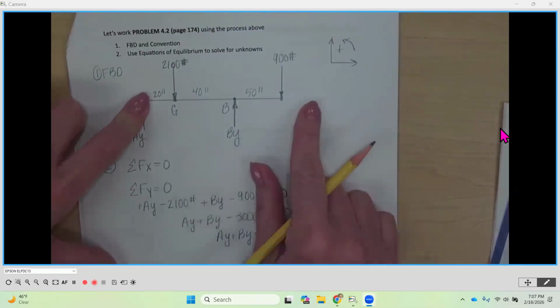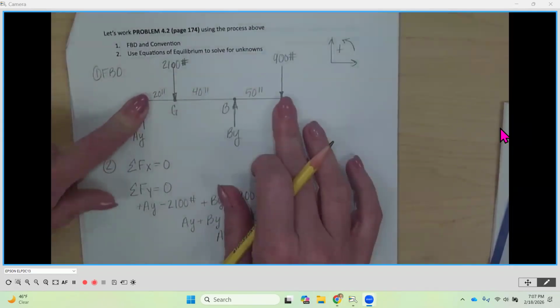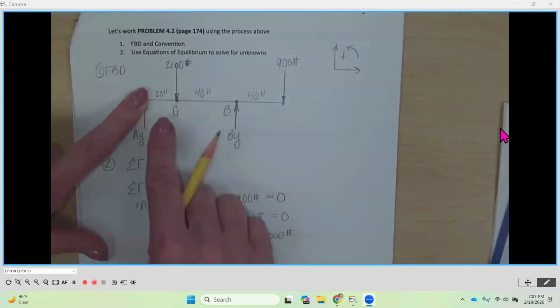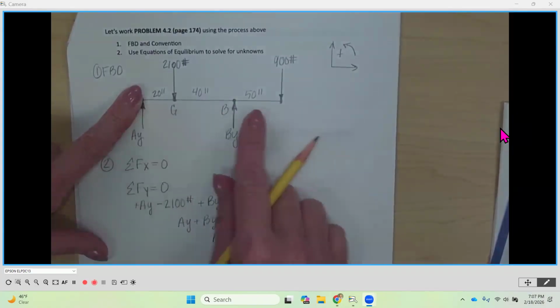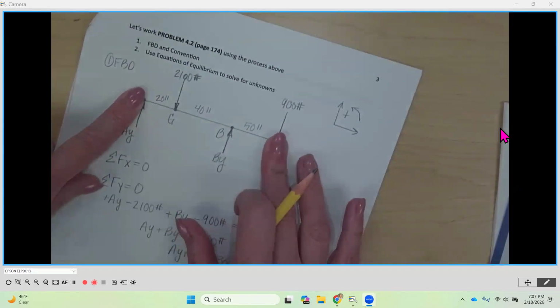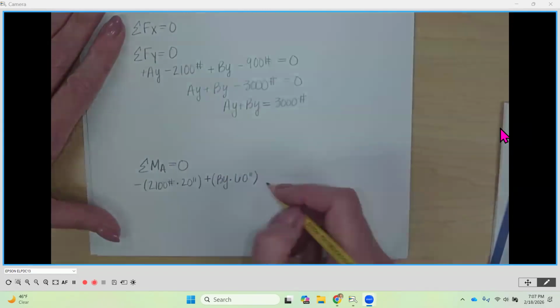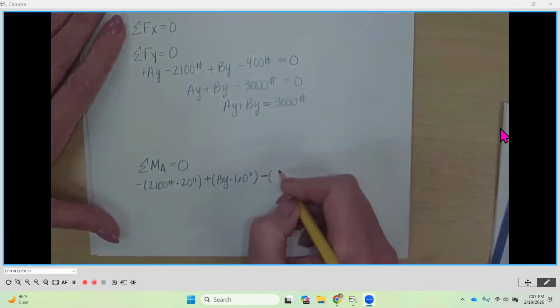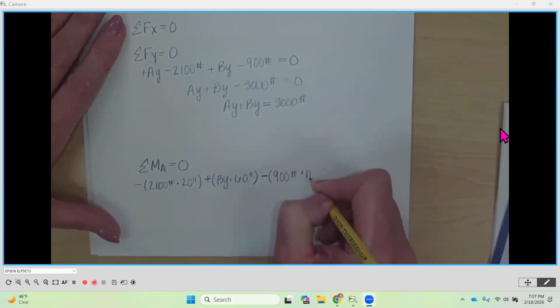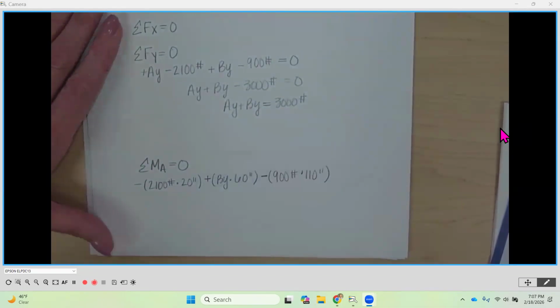I've got one more force, the 900. The 900 is going to cause a rotation, so it's going to be 900 times the perpendicular distance. It looks like that's 110 inches. And then it is going to rotate clockwise, so negative out front, start your parentheses, 900 pounds times 110 inches.